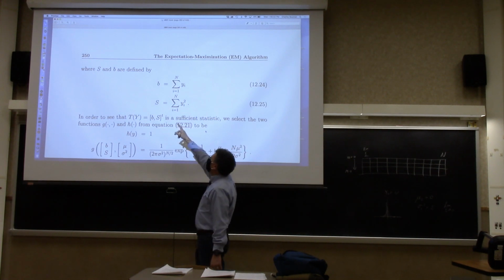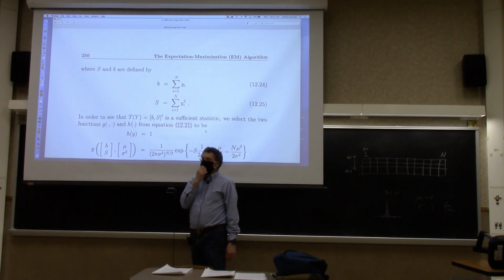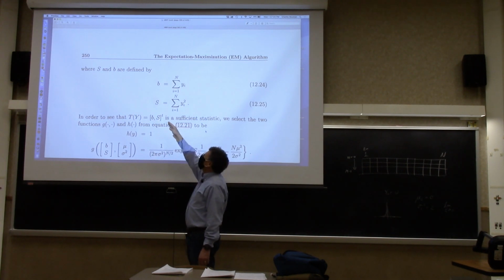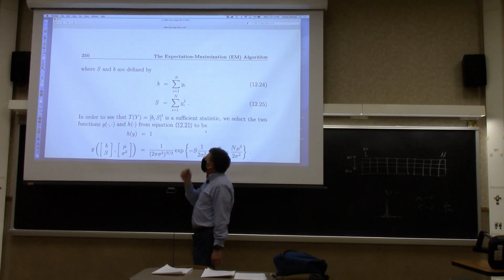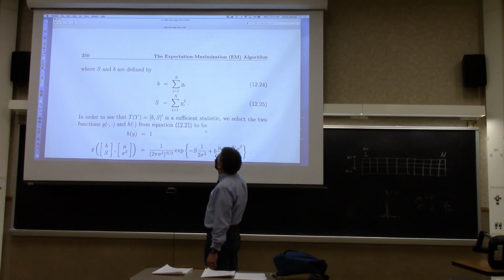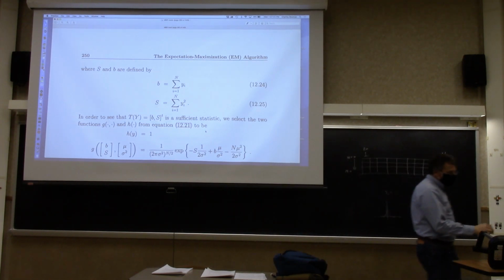But if you store S and B as doubles, then you'd only have 16 bytes. So computing B and S saves a lot of memory and storage, so we call it a sufficient statistic. Now, once you have B and S, you can calculate the maximum likelihood estimate as a function of B and S.